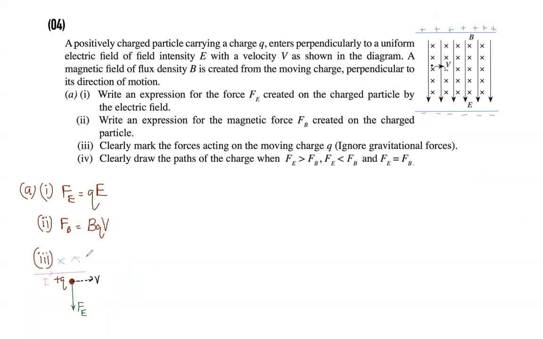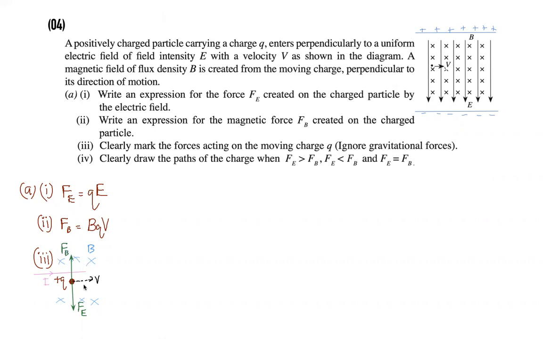So the index finger will be pointed into the plane. Middle finger will be pointed towards right, and I'm getting it upwards. This is the direction of the magnetic force, Fb, upwards.